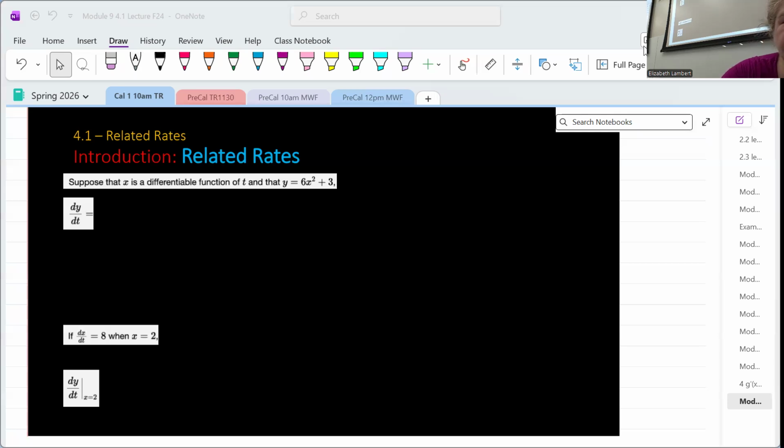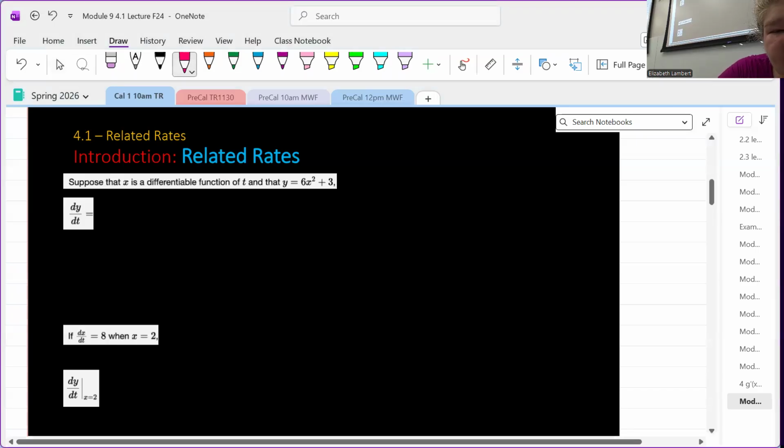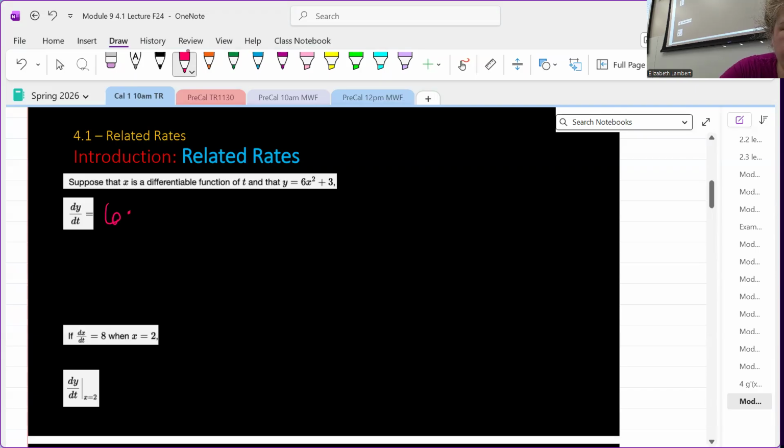So when we look at our function y equals 6x squared plus 3, I'm going to take the derivative of this. The derivative of y is dy dt. The derivative of 6x squared will be 6 times, x squared is 2x, times the derivative of x, which is dx dt, plus 3.